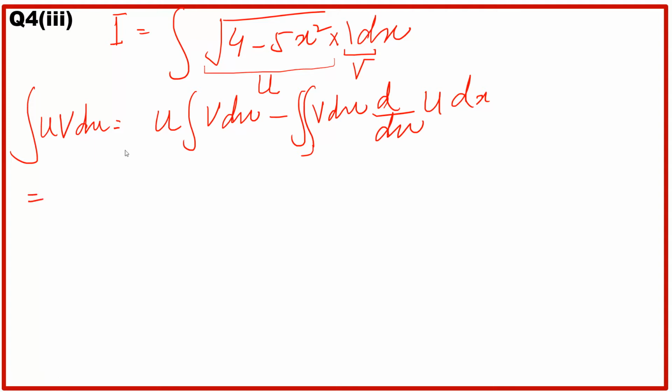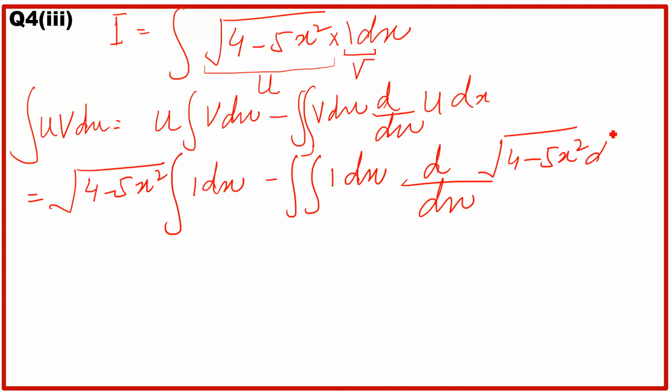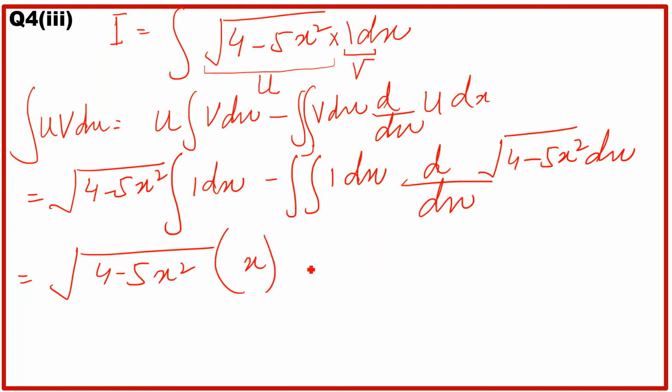Wherever you have u, you have to write 4 minus 5x square, and wherever you have v, you have to write 1 dx. So it is 4 minus 5x square, 1 dx, integration is x.